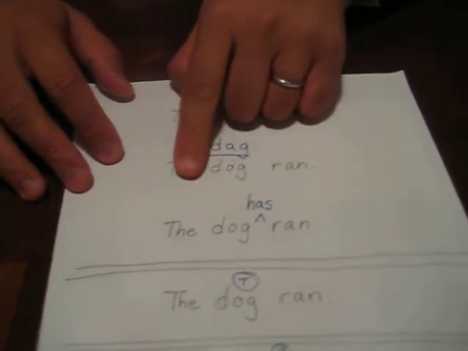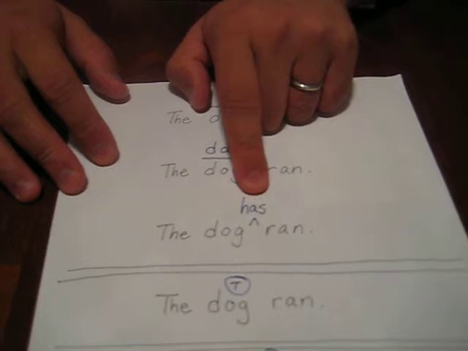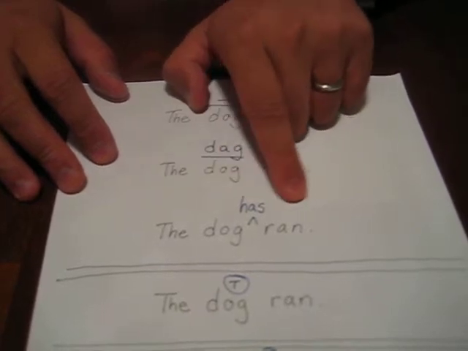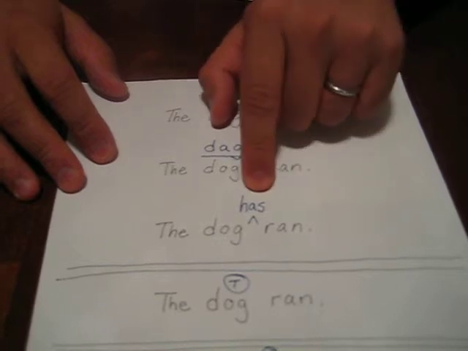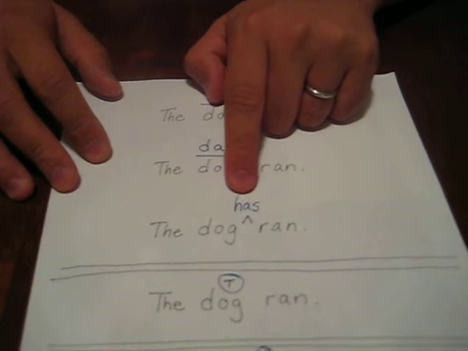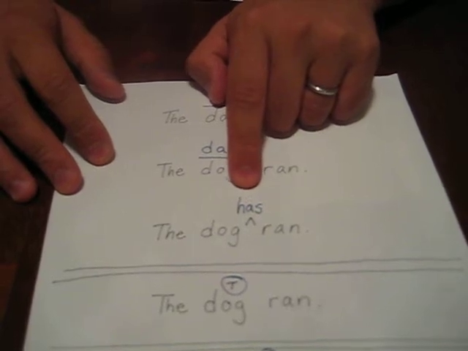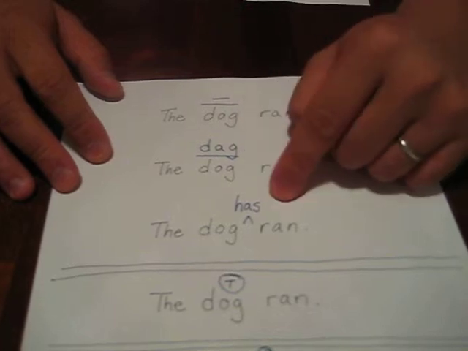And sometimes you'll find that students insert words that aren't there, imaginary words. The dog has ran. Well, the actual text doesn't have the word has, but the student inserted it. So that's an error, and as you might guess, simply put a caret and then insert the words that the student used.